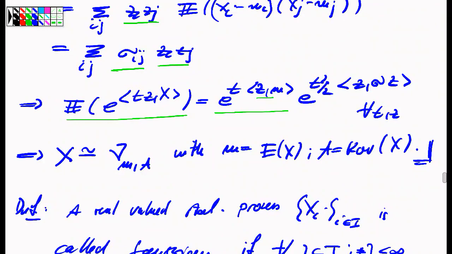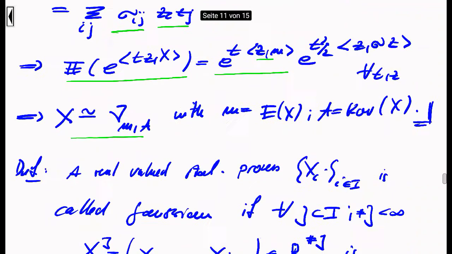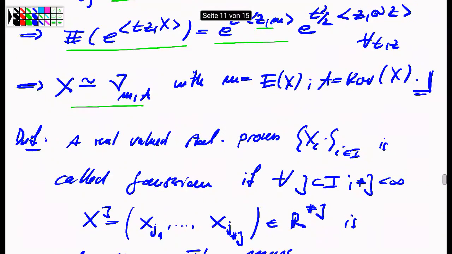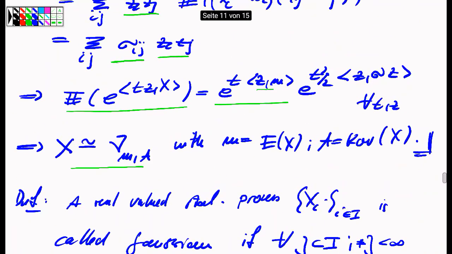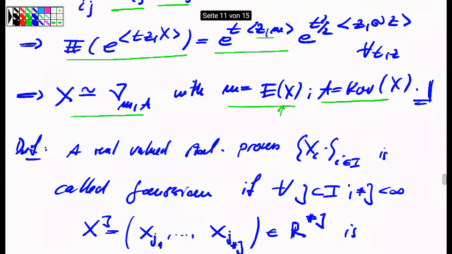And if I evaluate this identity at t equals 1, I obtain exactly the Laplace transform for a d-dimensional Gaussian distribution. So in fact, X follows a d-dimensional Gaussian distribution where the parameters are: m is the expected value of X and A is the covariance matrix of X.